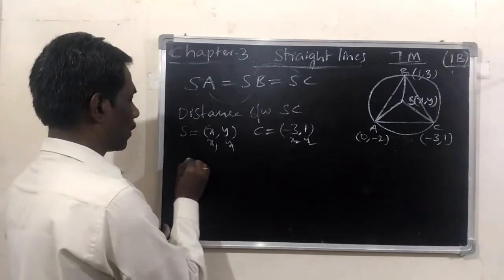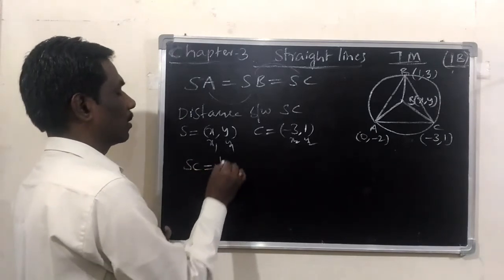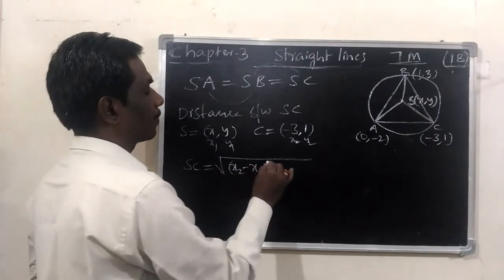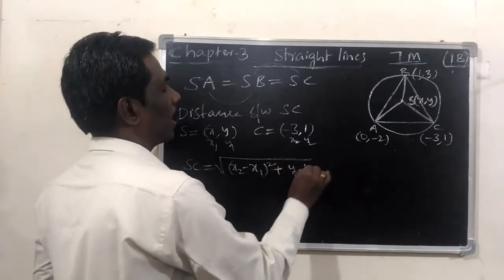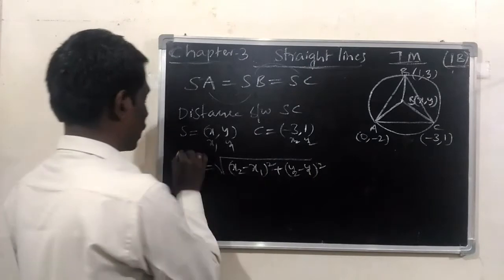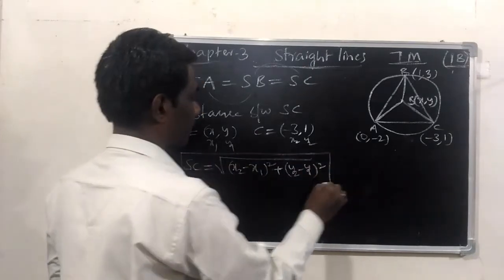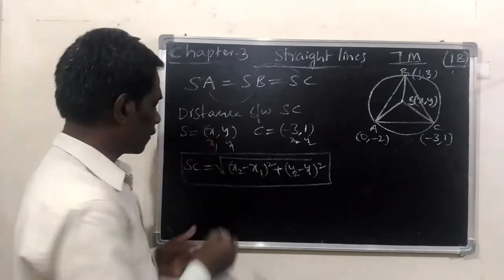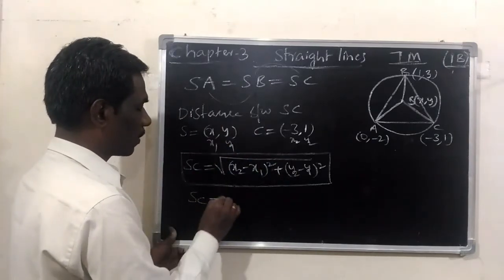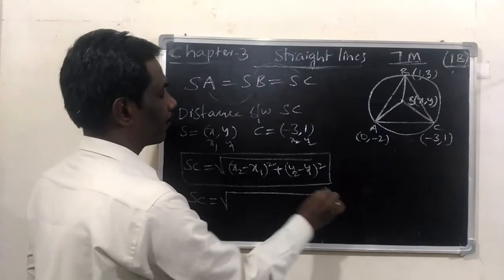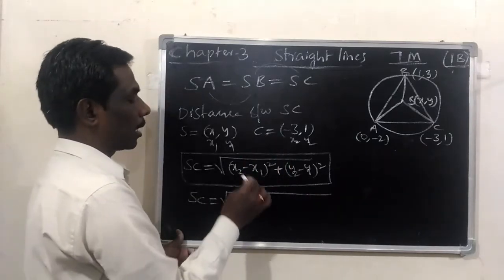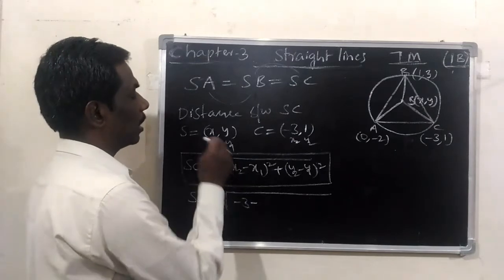Right, now the distance formula of SC is under root of x2 minus x1 whole square plus y2 minus y1 whole square. In this formula, substitute these 2 points. SC is equal to the square root of x2. What is x2? Minus 3. And in the formula, minus x1 is what?